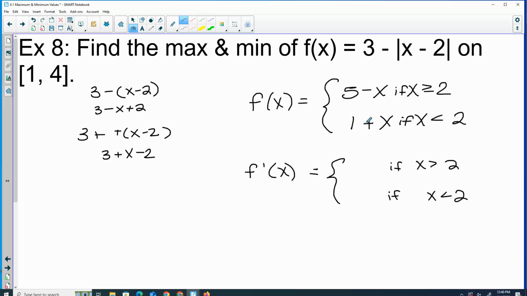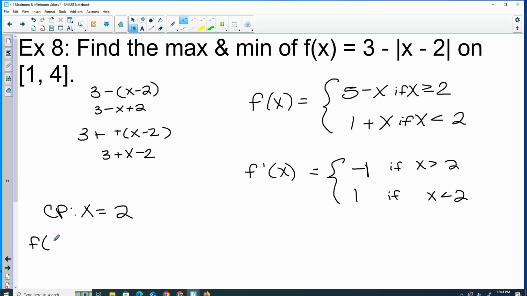Okay, what's the derivative of 5 minus x? Negative 1. And what's the derivative of 1 plus x? Okay, so my critical points, where it's 0 or undefined, is this ever 0? No, but where did we say it was undefined? 2.